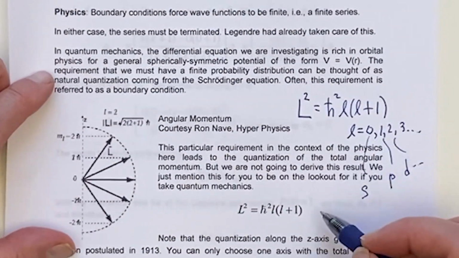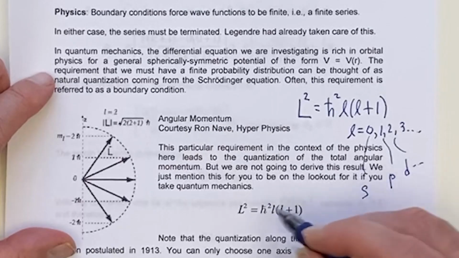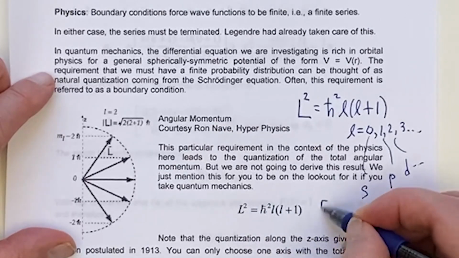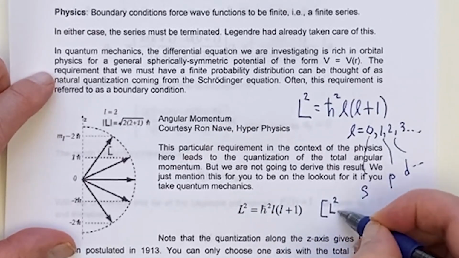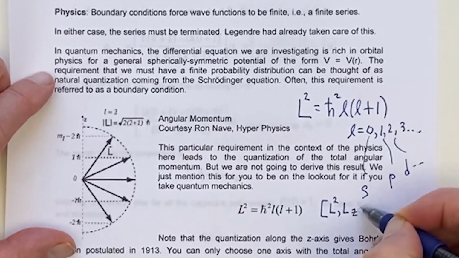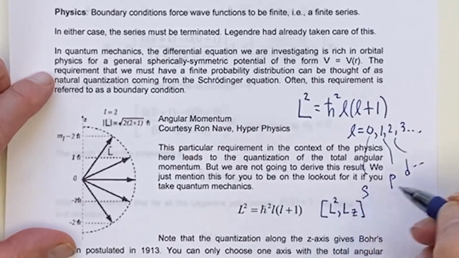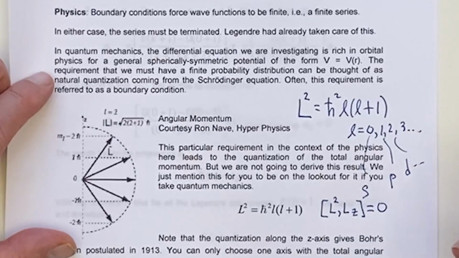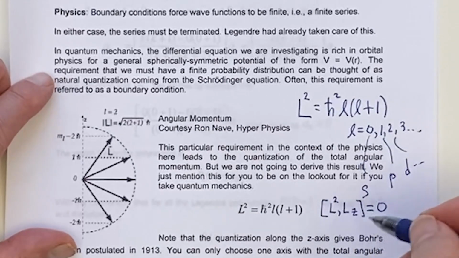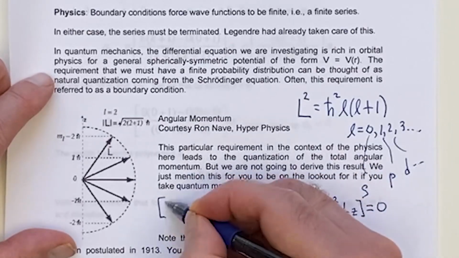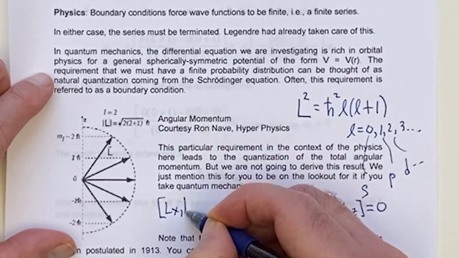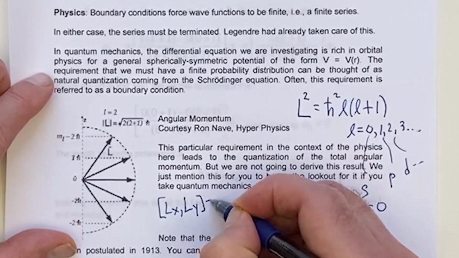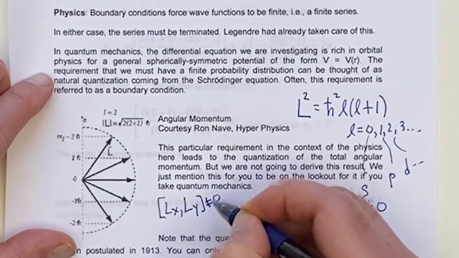And in quantum mechanics, you find that you have the L squared, and they show that this commutes with L z. You could actually do it, but let's leave some things for other courses. That commutes. But these don't commute: if you have x and y, for example, that's not going to get you 0.